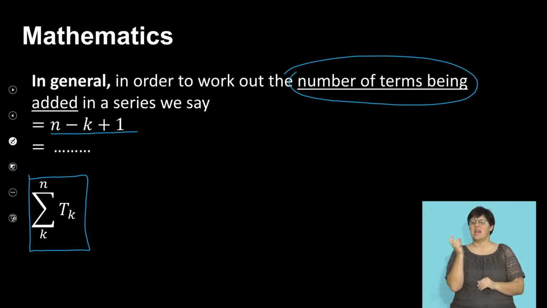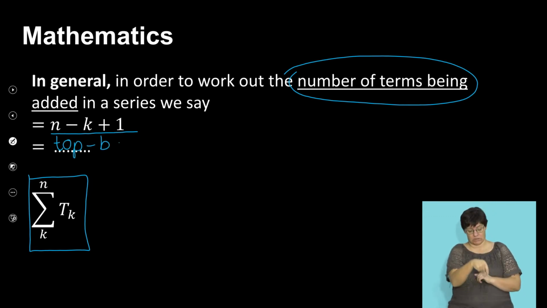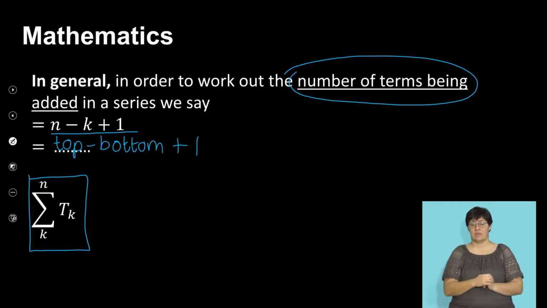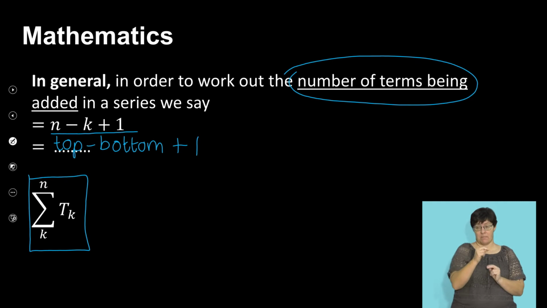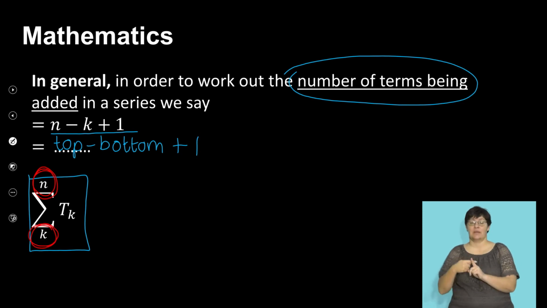But a much easier way for us to write that is it's the top number minus the bottom number plus 1. So if I want to know how many terms I'm actually adding together in my series, I take the top number, the number on top of the sigma sign, I subtract the bottom number, and I add 1.